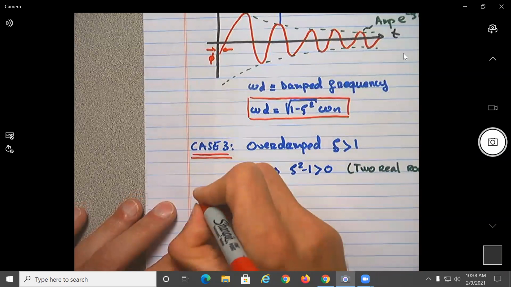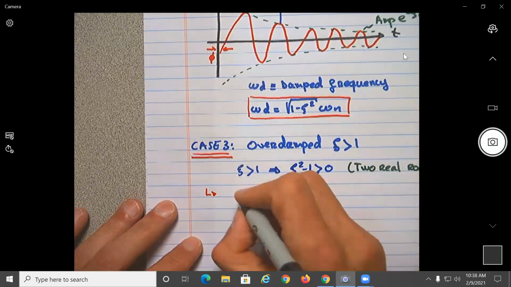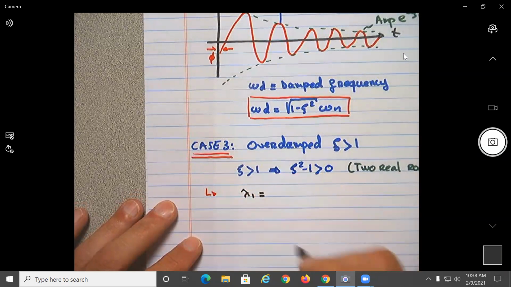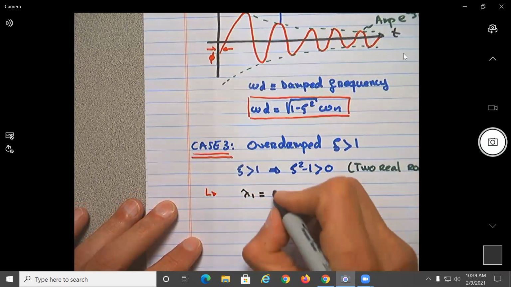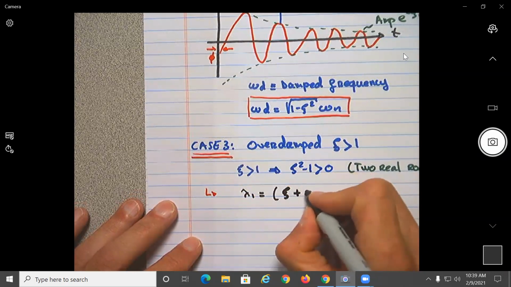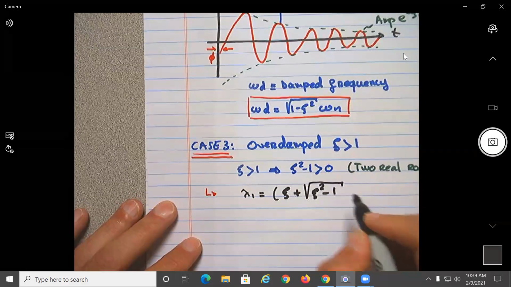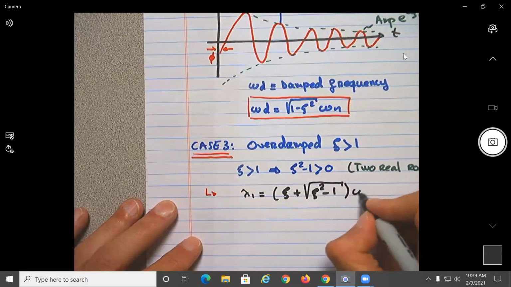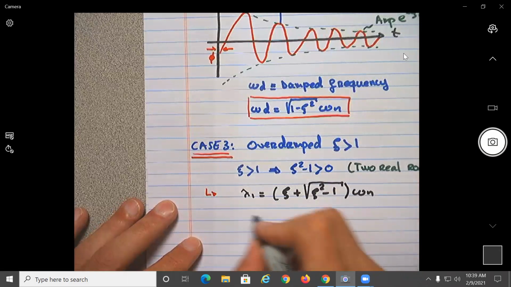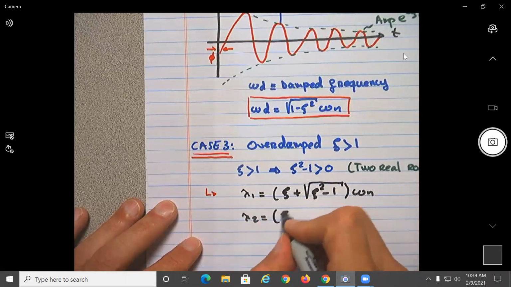Okay, and the value of those two real roots, lambda 1 is equal to zeta plus the square root of zeta squared minus 1, times omega n, and lambda 2 is the same thing but with a minus sign here.